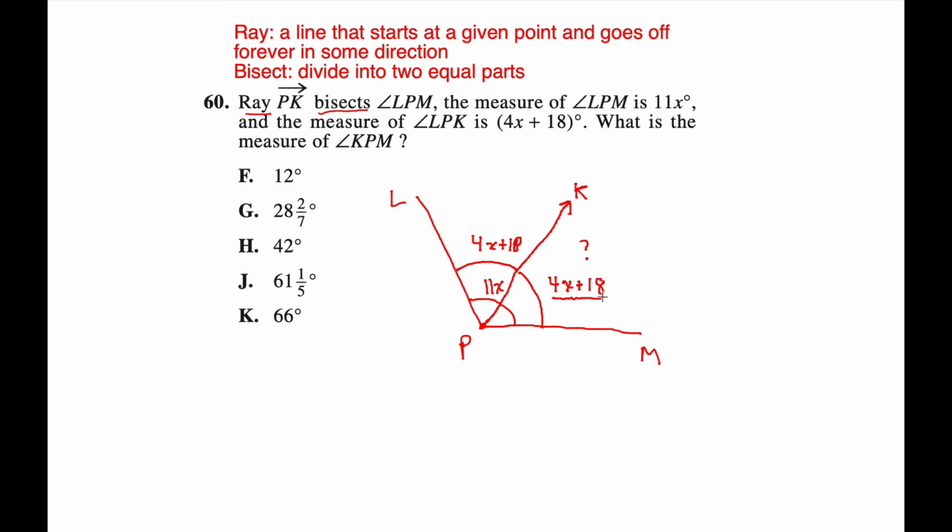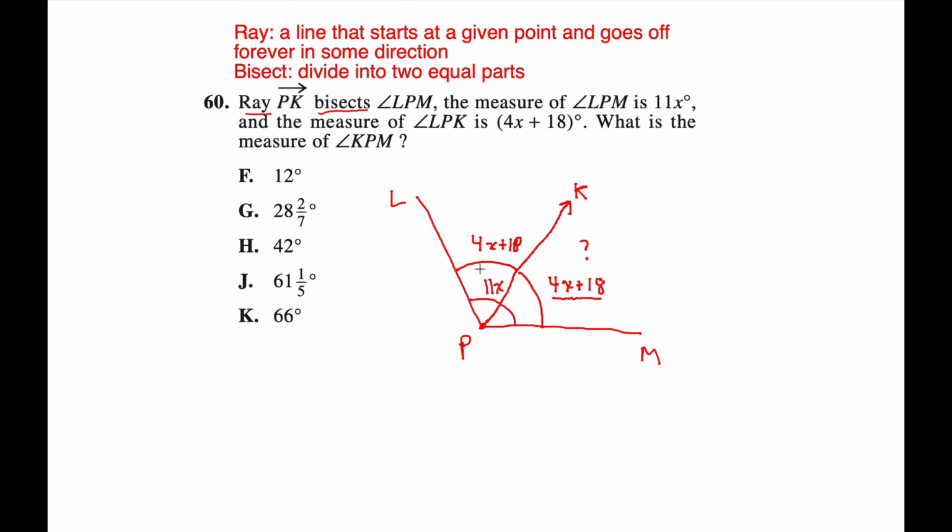So now the question becomes, how do we figure out what x is, given the information that we have in front of us? Well, if we want to figure out what x is, then it would be helpful if we can come up with an equation of some sort that we can then solve for x. What we might notice at this point is that we have this 4x plus 18 for this angle, we have this 4x plus 18 for that angle, and then we have this 11x for this larger angle.